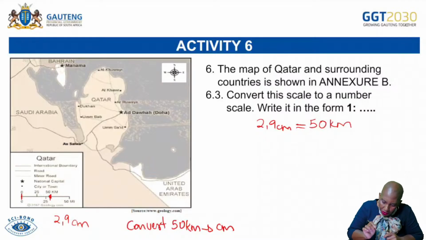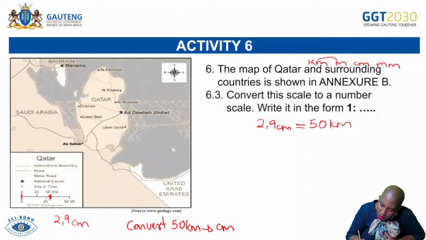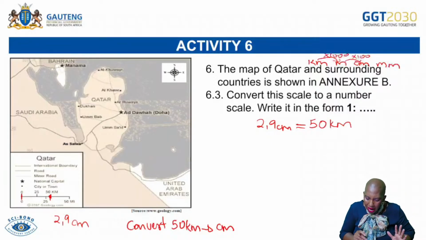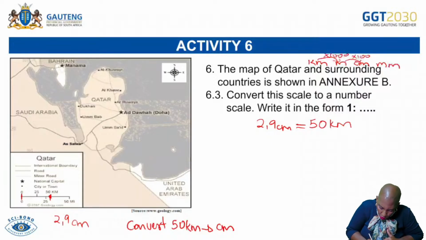If you can allow me to write it here: kilometer, meter, centimeter, and millimeters. So from kilometer to meter, I multiply by 1,000, and then from meter to centimeter, I multiply by 100. So now it means I'll be multiplying by what? By 100,000.